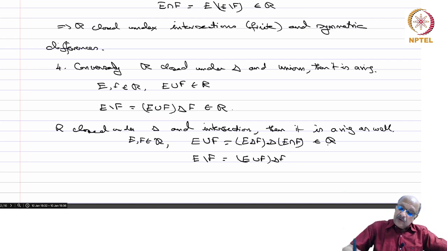E union F we just proved is in R, and delta is a closed operation, and therefore this belongs to R.